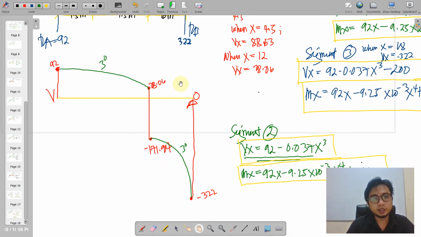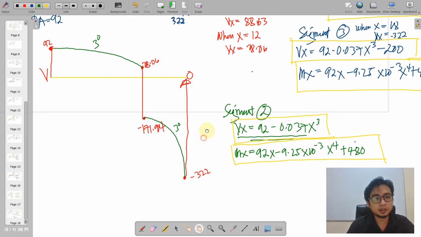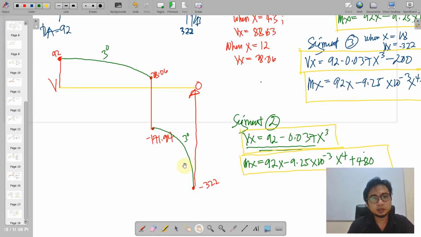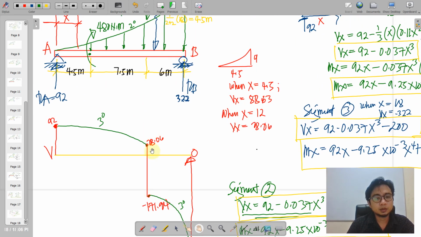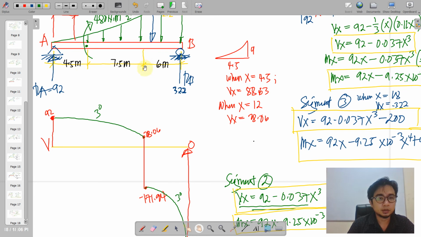So finally, for our moment, we will have a consideration on this transition. We do not have any transition here. It is just on the 12th location. So the point where the line crosses the shear 0 is at this point actually, at this segment.